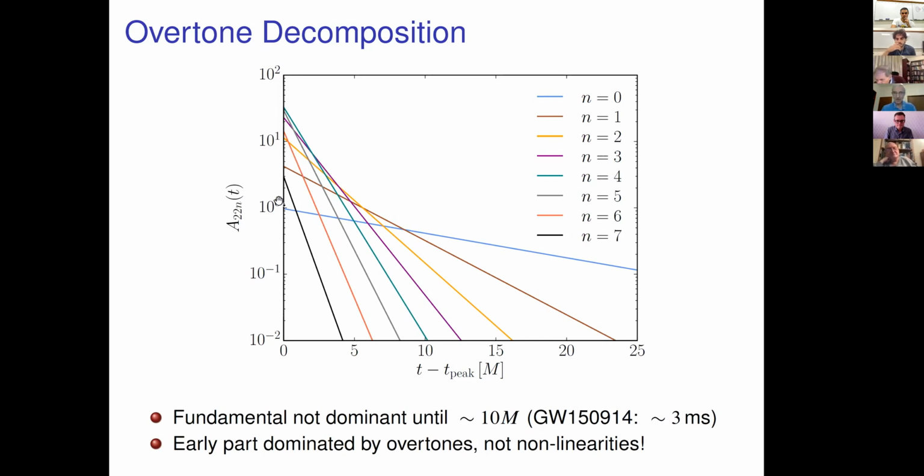It's this early time signal which is telling us that the early part is dominated by the overtones, not the nonlinear. Now, when does the fundamental mode become dominant? Well, this is in theorist units, 10M. 10M for the LIGO event is 3 milliseconds. So that explains why the LIGO-Virgo analysis had to wait 3 milliseconds to see this thing.